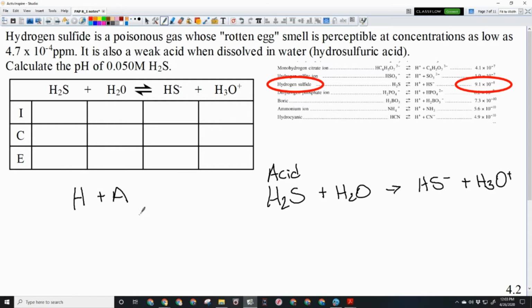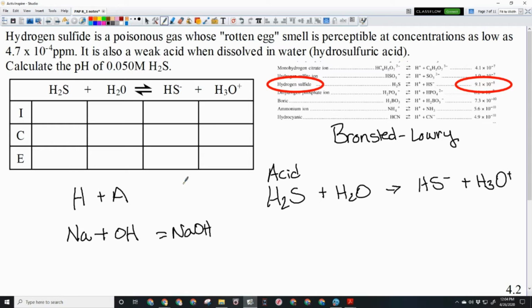In this next theory of acids, called the Bronsted-Lowry definition of acids and bases, not all acids begin with the letter H. Also, in the Arrhenius definition of a base, we have anything that ends in OH, like NaOH. In this Bronsted-Lowry definition of acids and bases, they do not end in OH.